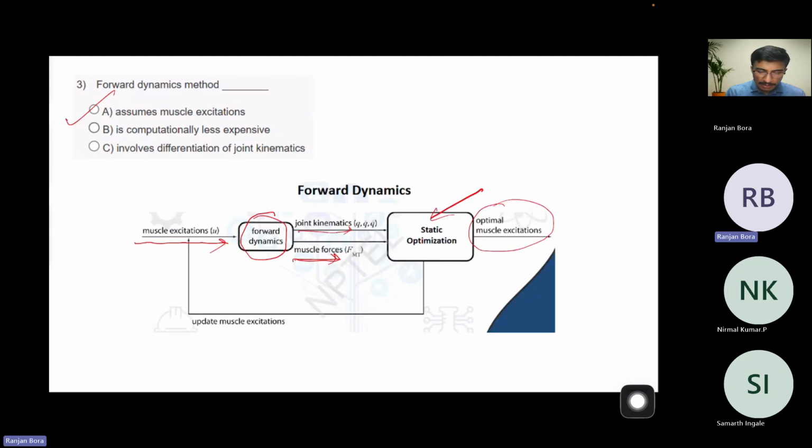It does not give the distribution, like the distribution of muscle force. It only gives the muscle forces. But static optimization gives the distribution for each muscle. Okay, sir. Understood.